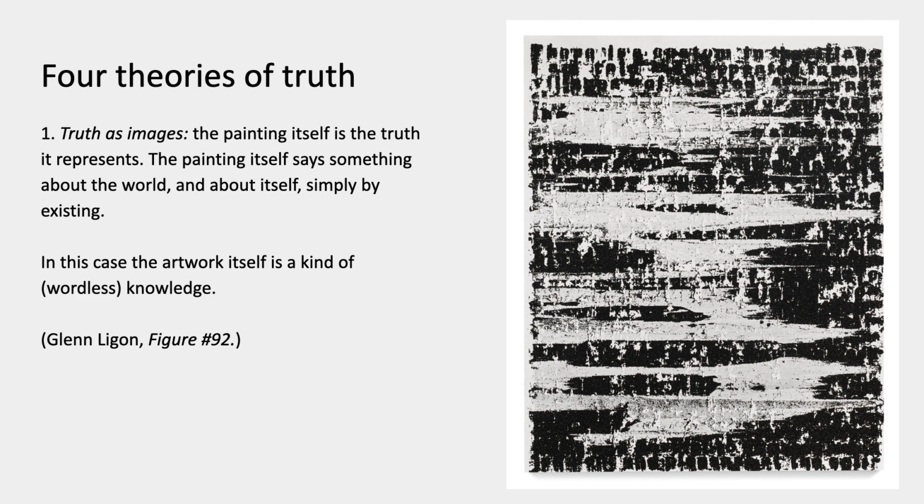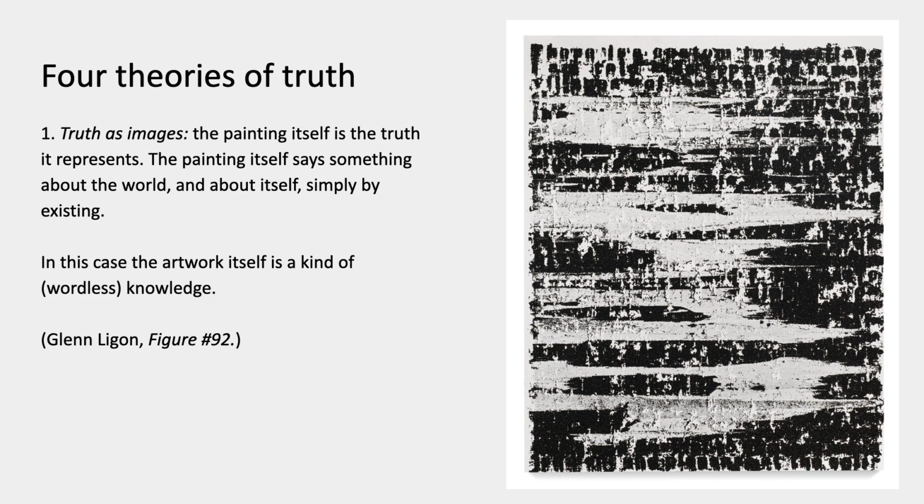So this is a little bit like in the case of Mark Dion's work. It would be, or Fred Wilson's work, it would be like saying that their installations, their exhibitions, are the truth itself, nothing beyond it. The painting itself says something about the world and about itself simply by existing. So it's a kind of wordless knowledge. That's a Glenn Ligon.